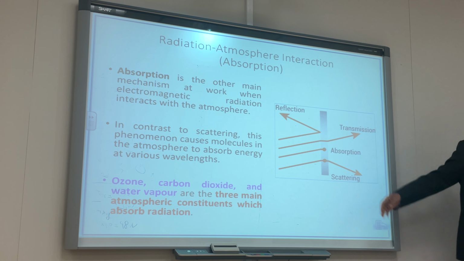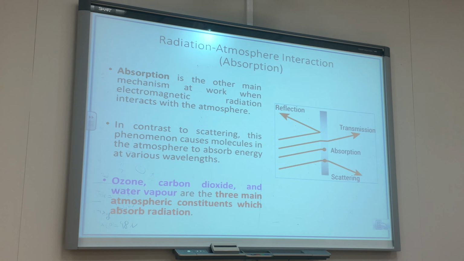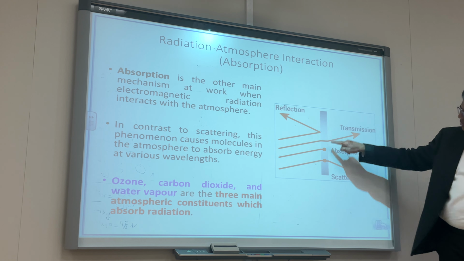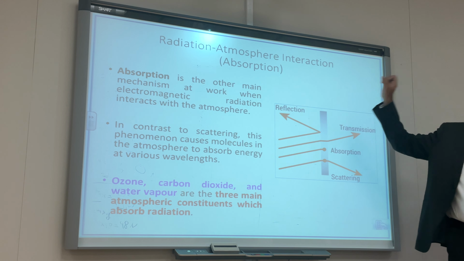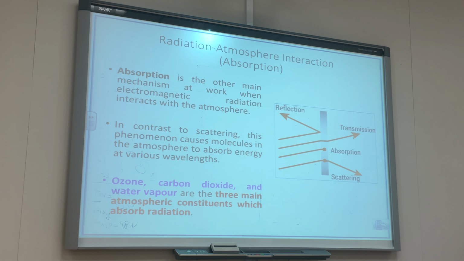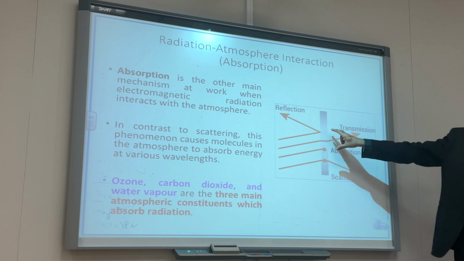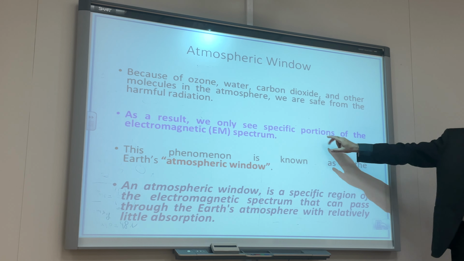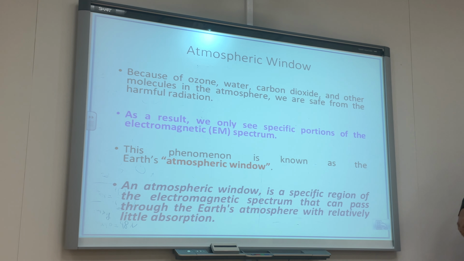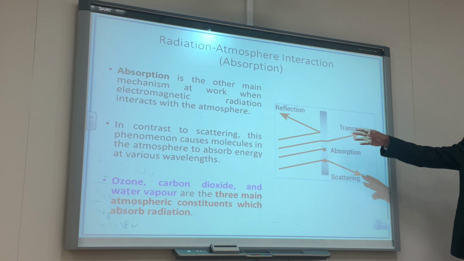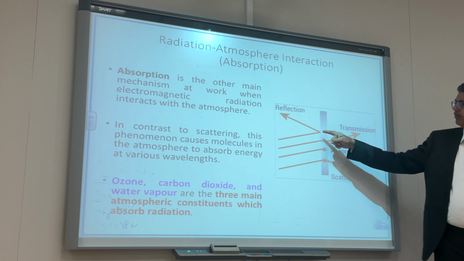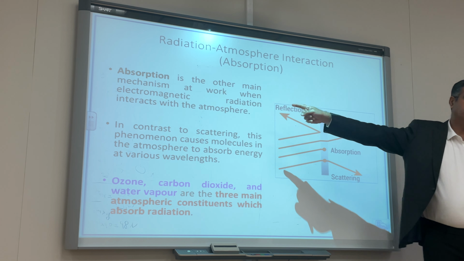Now this diagram shows you the difference between absorption, reflection and scattering. You see for example the first one here, this is say for example the gas particle or the particle which we are talking about. Say this is a molecule of ozone. So as the sun rays or the radiation strikes this one, it is reflected back.